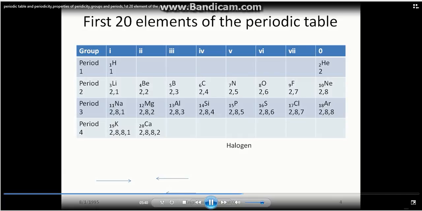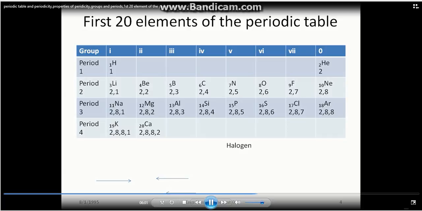Group 1 period 3 we have sodium. Group 2 period 3 we have magnesium. Group 3 period 3 we have aluminium. Group 4 period 3 we have silicon.